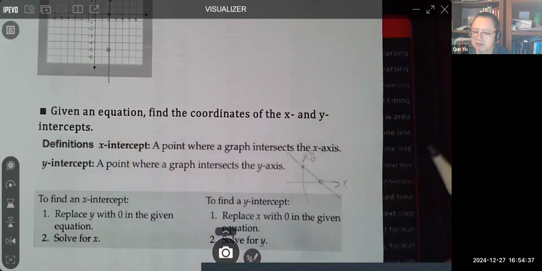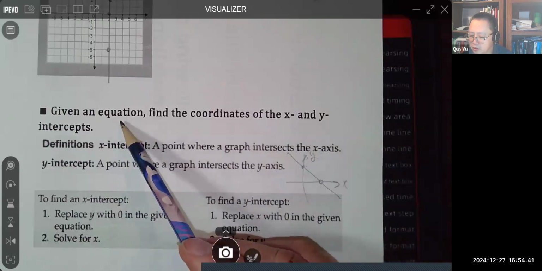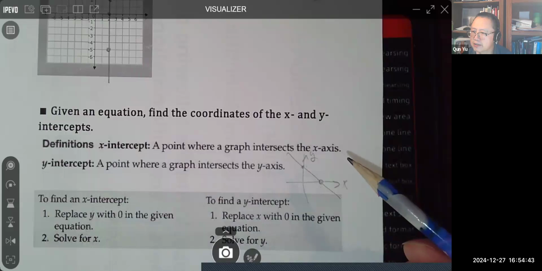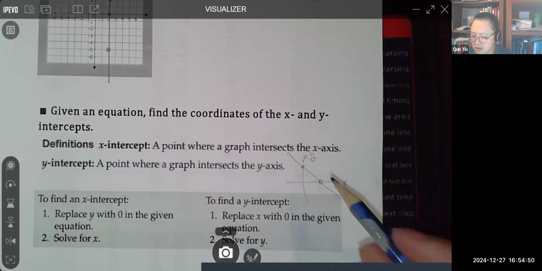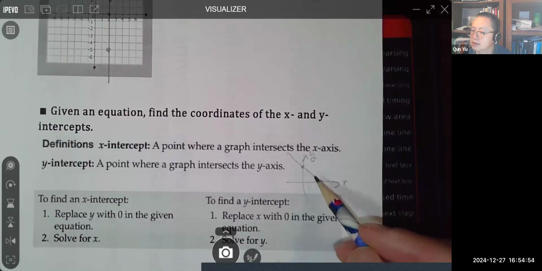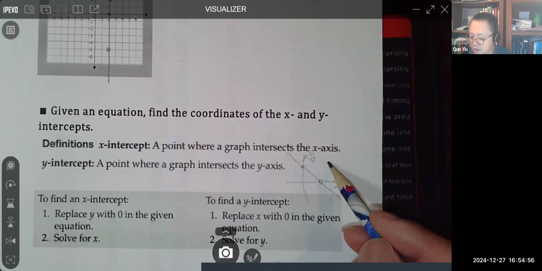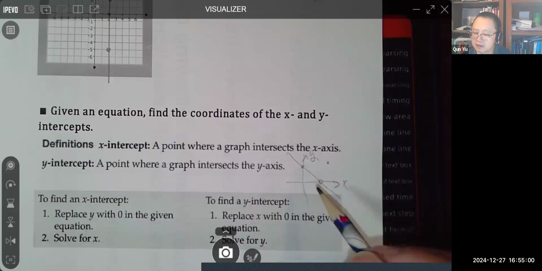Actually, logically, it's very easy to do, because a linear equation's graph is a straight line. We know it's going to intercept with these 2 axes. But we also need to know the characteristic of these 2 points. These 2 points are special. They're not just any random point. These points are on the axes, the x-axis and the y-axis.